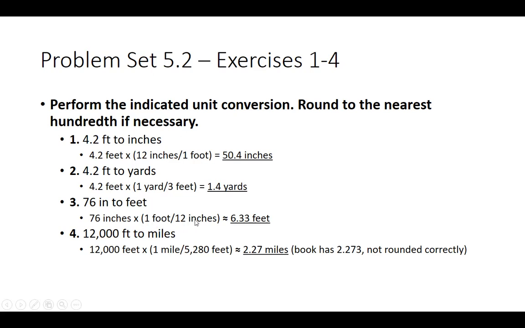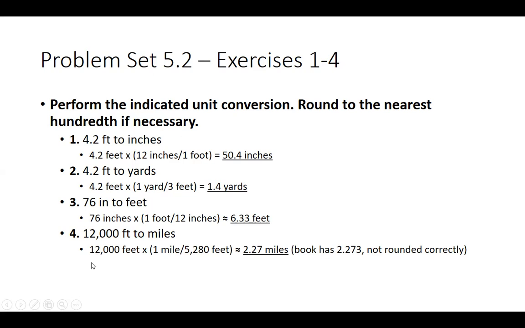Inches cancel on the top and on the bottom. We would have 76 divided by 12, or if you want, 76 times 1 divided by 12. Either way, you're going to get about 6.33. Inches canceled, leaving us with feet, 6.33 feet.